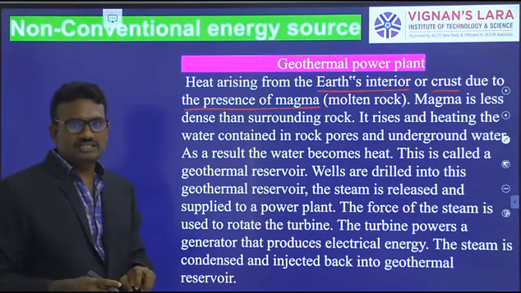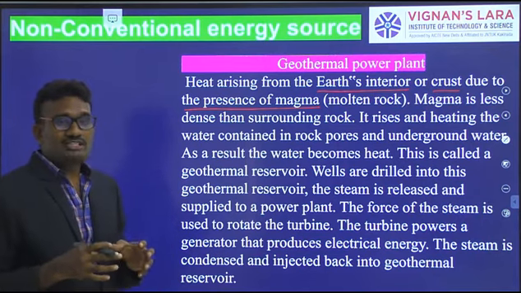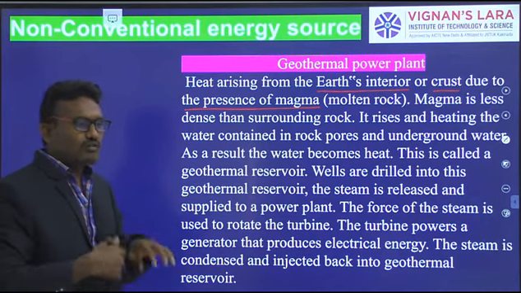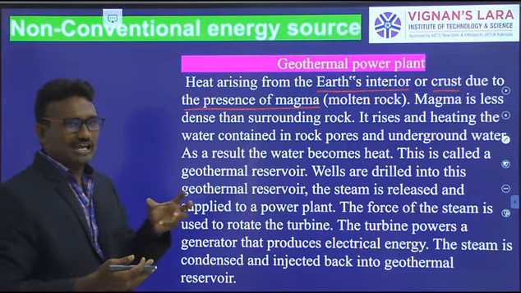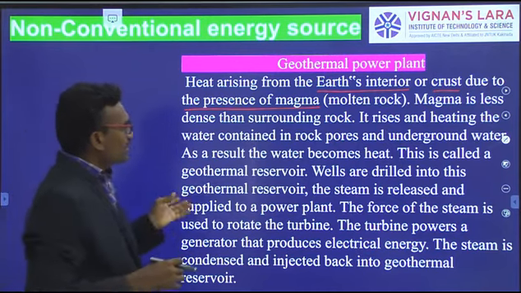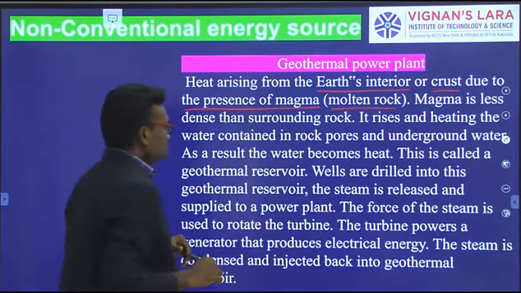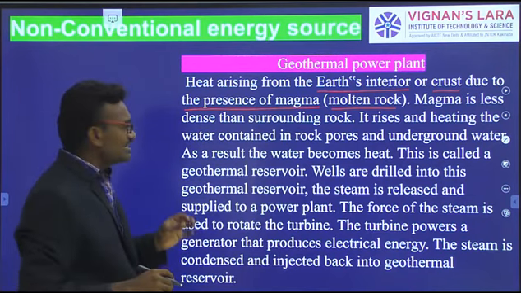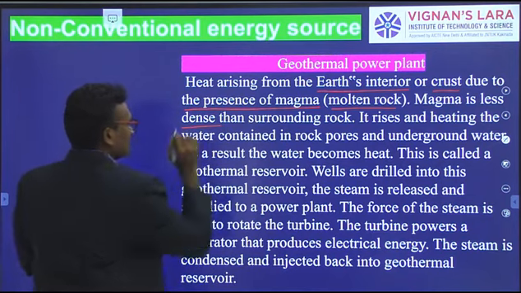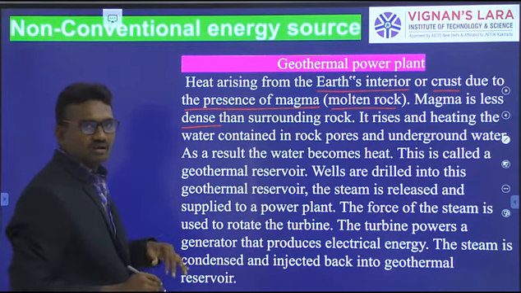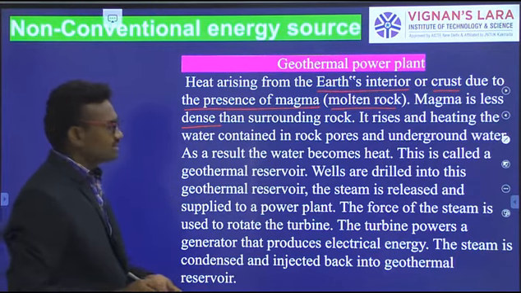At high temperatures, the rocks melt and flow softly to create magma. So magma is nothing but melted rock. Magma has less density than the surrounding rocks. Rocks are high density.